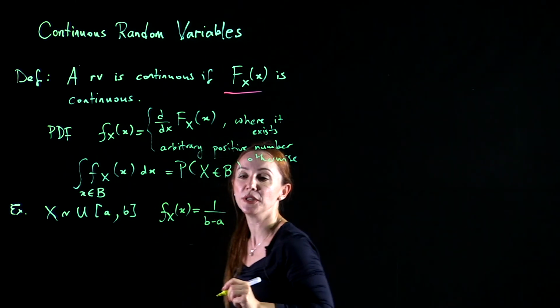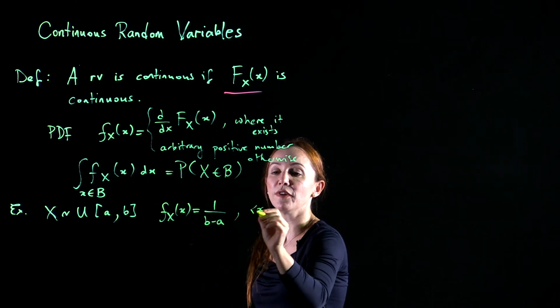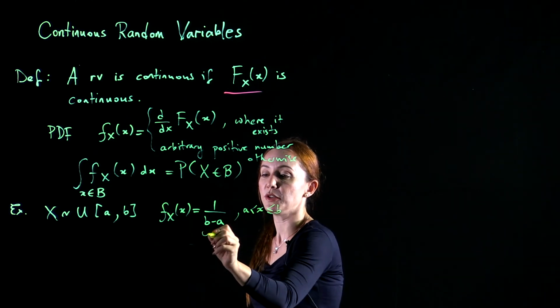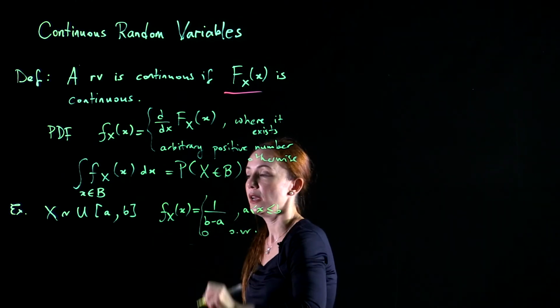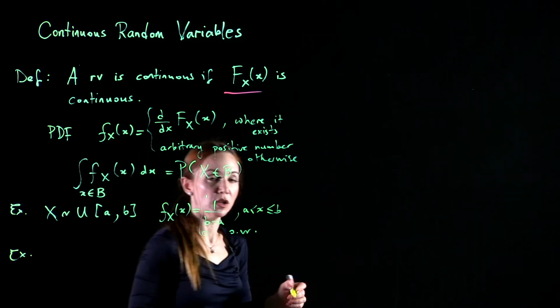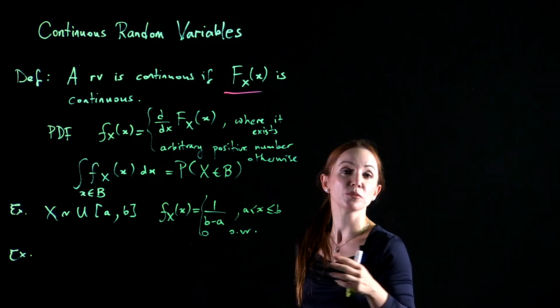So it's a constant, flat PDF for values between a and b, and 0 otherwise.